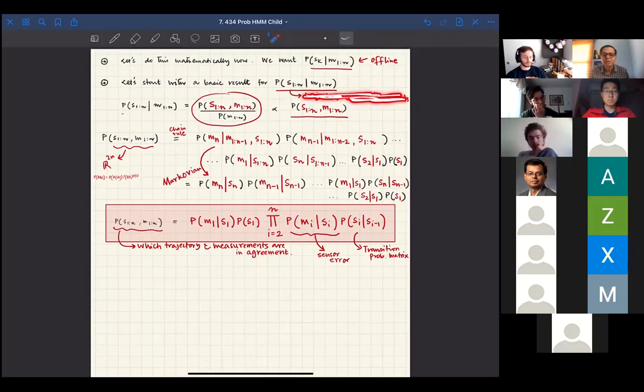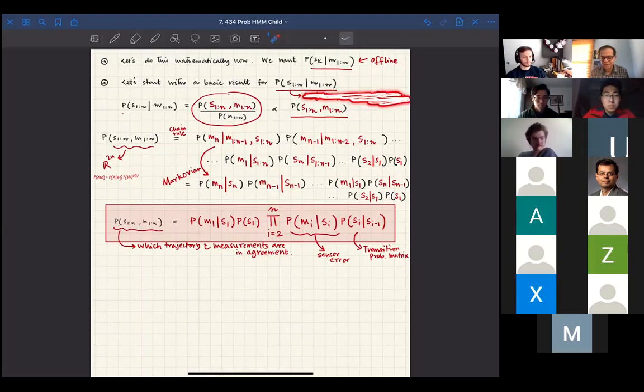Probability of S1 through N given M1 through N. We wrote it down under this scratched part. But what does this physically mean? In English, what would you say? Probability of what?